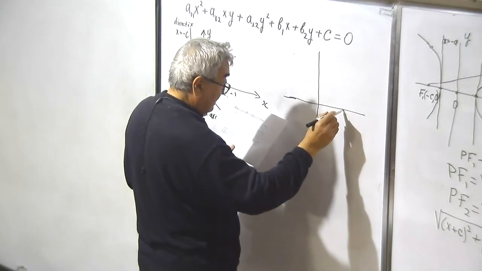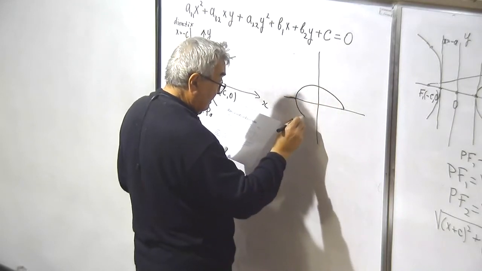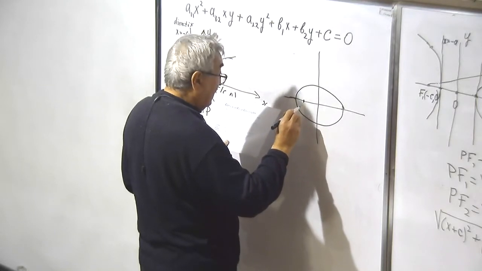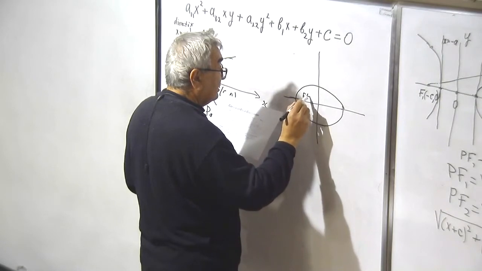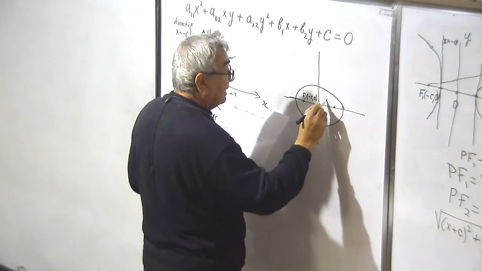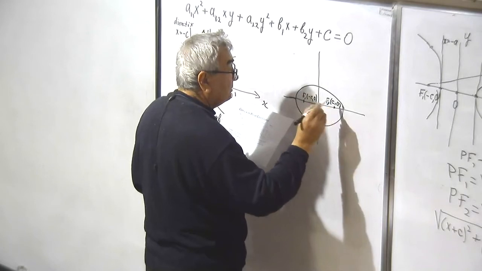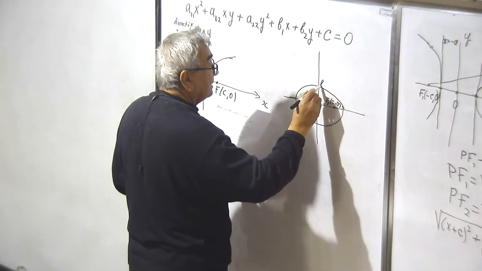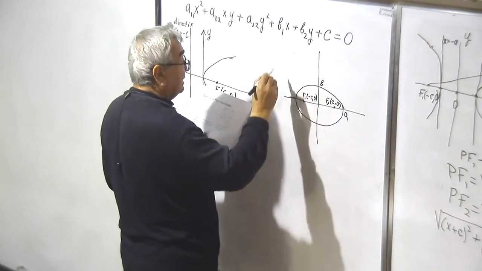Here is focus F1, which has coordinate minus c, 0. Here is focus F2, c, 0. And here is b, here is a, and that means the directrix.